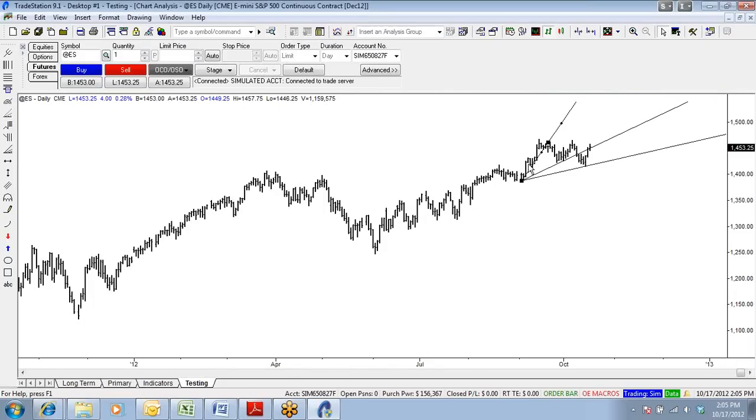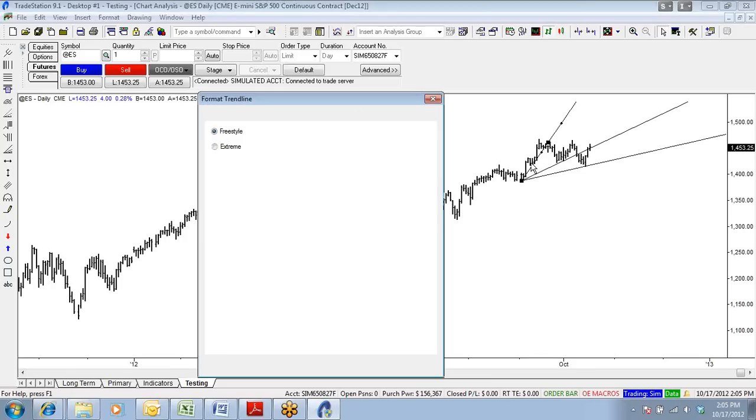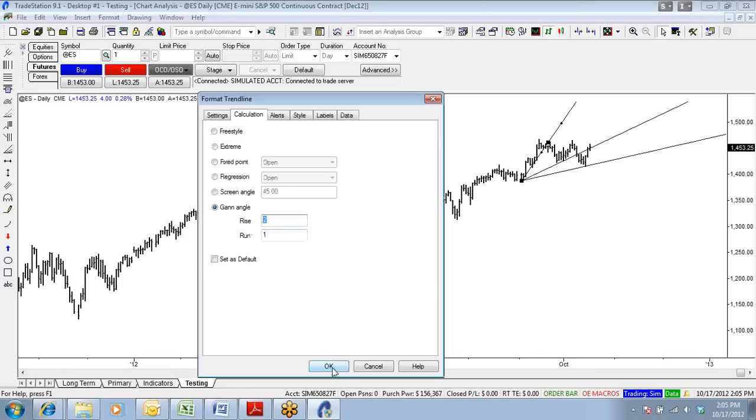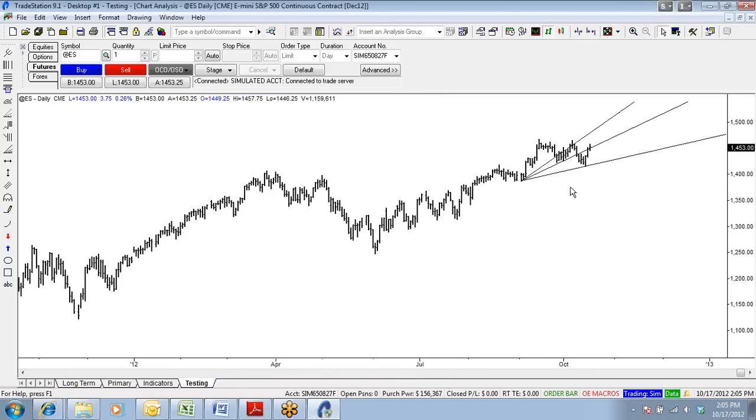Then I'm going to do one more. Let's try the 3 by 1. I could keep going and draw them all, but I usually just keep 2 or 3 on because I'm really just trying to frame the current action.